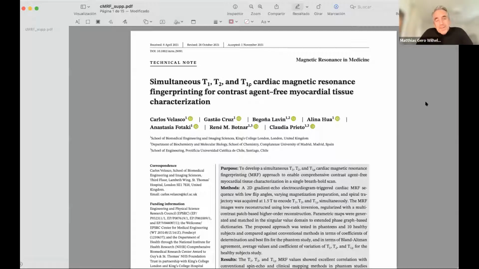The question I have is, you have some systematic variation between the fingerprinting and, let's say, the ground truth maps, as has been described before with other fingerprinting techniques, and it has even been speculated that the actual T1 values in the heart may be closer to the fingerprinting ones, and that the other techniques may not be as accurate.